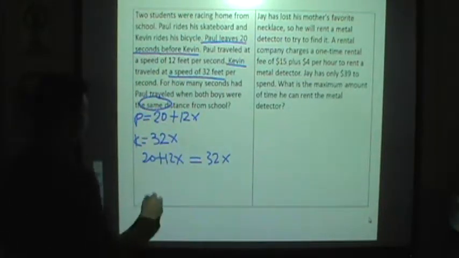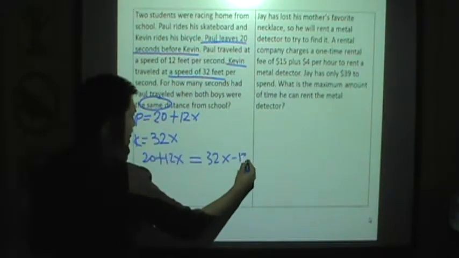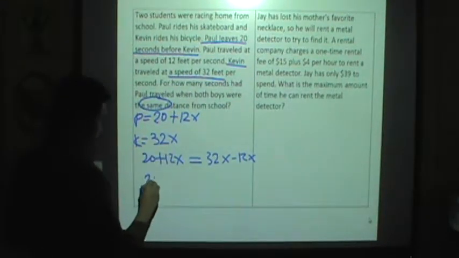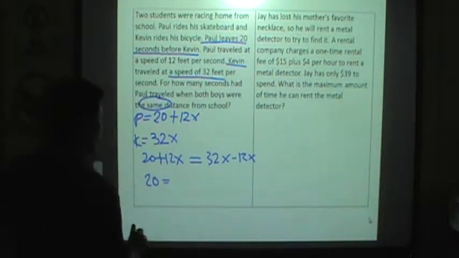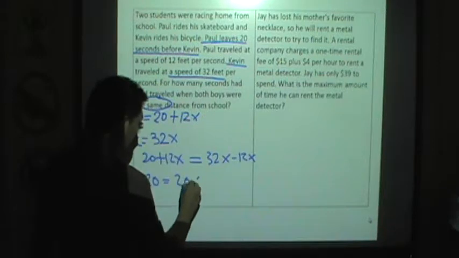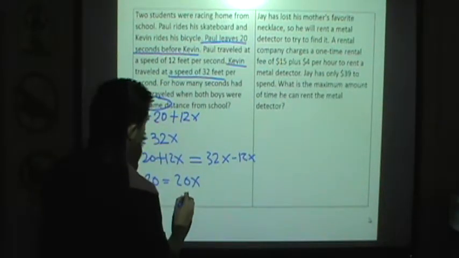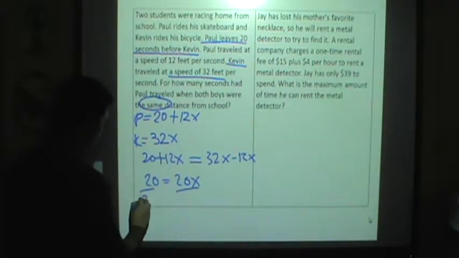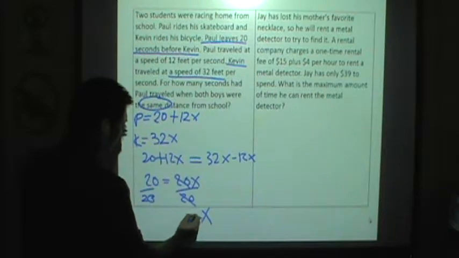So here we can move that 12x over, it becomes minus 12x, and now we have 20 equals 32x minus 12x, which is 20x, and then divide both sides by 20, x equals 1.